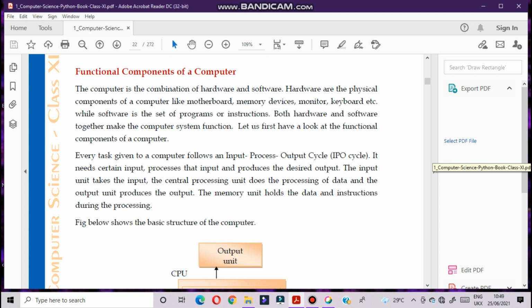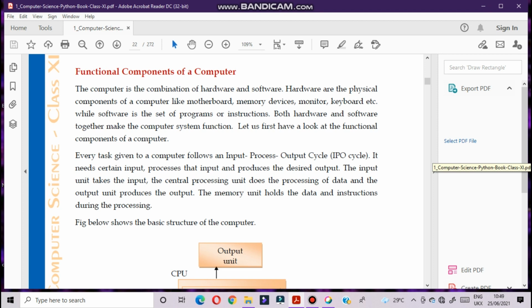When the user gives the input into the computer, after processing, it produces what? The desired results. The input unit takes the input. The central processing unit does the processing of data and the output unit produces the output.